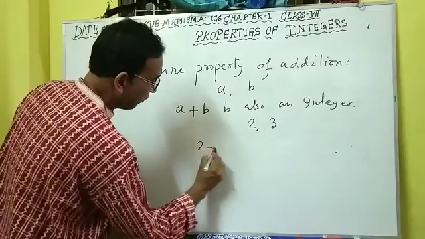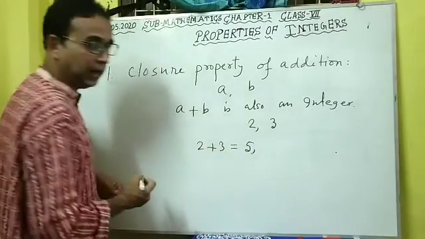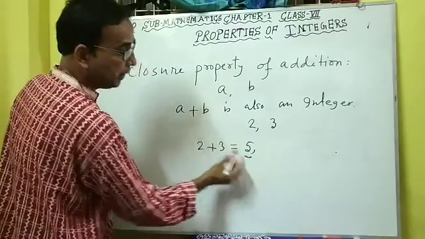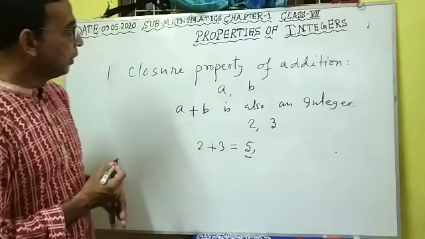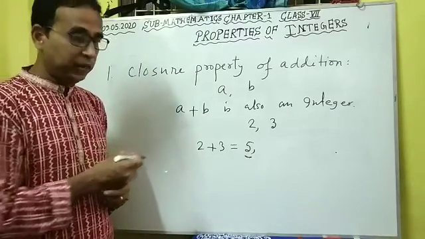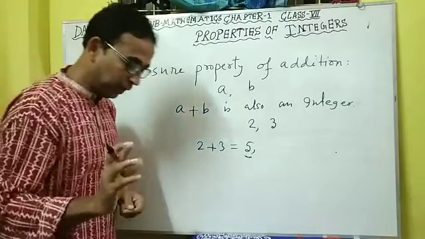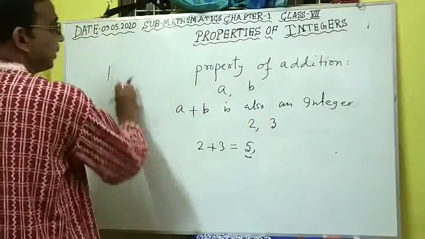The sum of 2 plus 3 is equal to 5. Here 5 is an integer. So closure property of addition is verified. Okay?